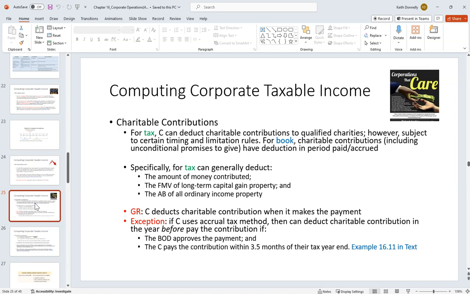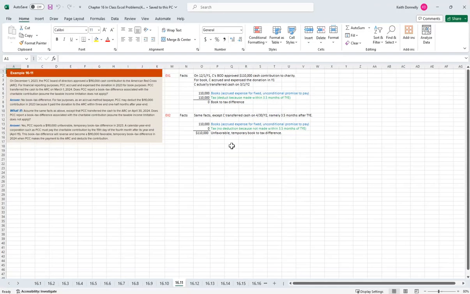However, if a corporation uses the accrual tax method, they can deduct the charitable contribution in the year before they pay it if the board approves it and they pay it within 3.5 months of their tax year end. That's a mouthful. Let's look at, what does that say? There's 16.11, so let me pull that over.